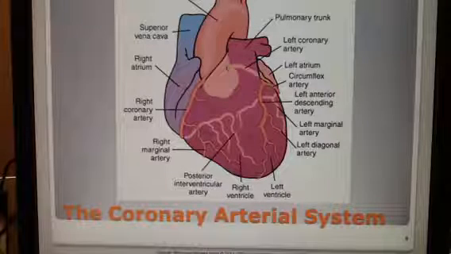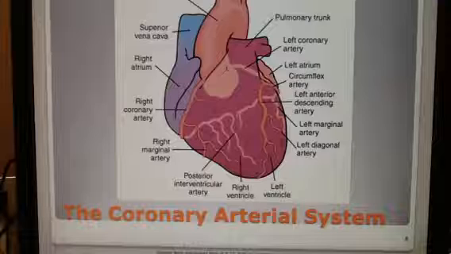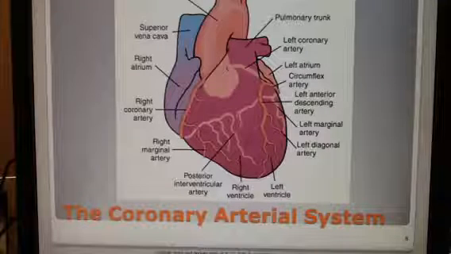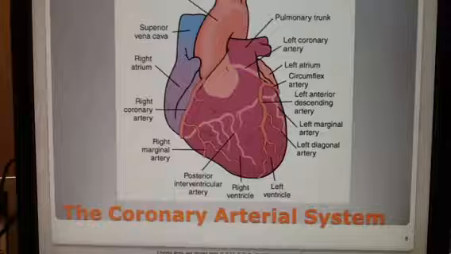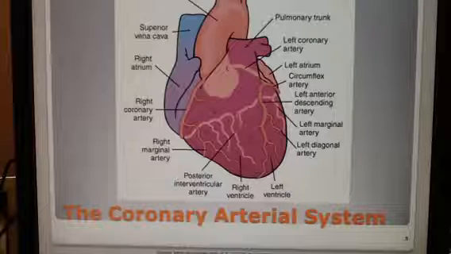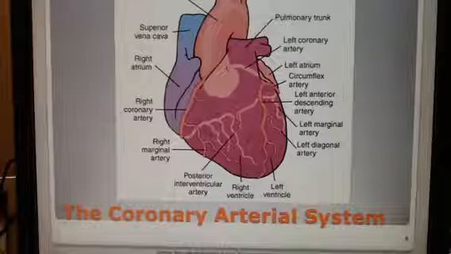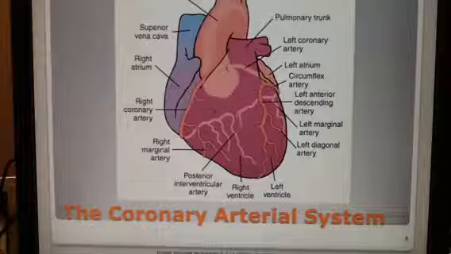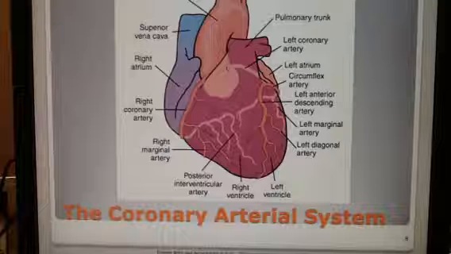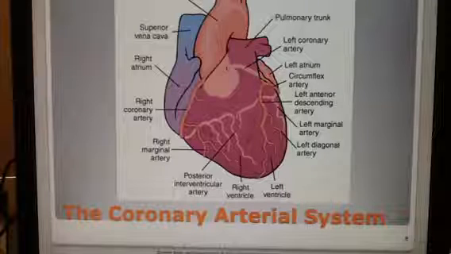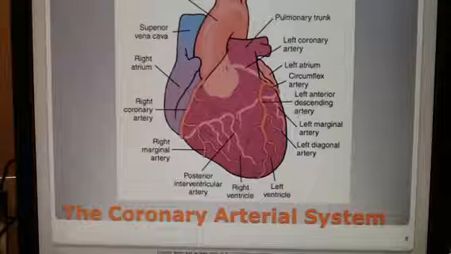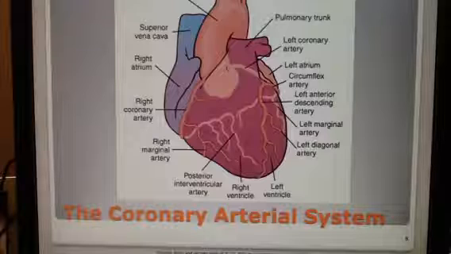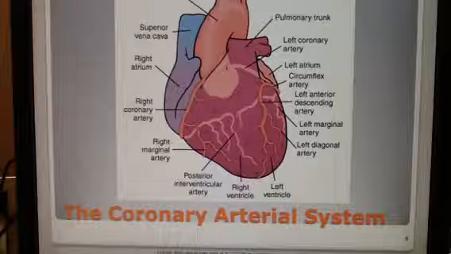So the heart muscle, the myocardium, is the first muscle to actually receive oxygenated blood, which is important because our heart needs to pump and needs that blood. You can see here that we've got the right coronary artery and also the left coronary artery, and they branch off into several different arteries that feed all the muscles of the heart.